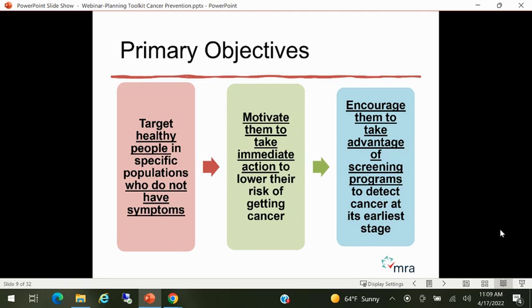They may have another chronic disease or condition that is known about, but they're managing it well. They feel good. With prevention, you want to motivate these individuals to take some sort of immediate action to lower the risk of getting a cancer. And we do this by encouraging them to take advantage of screening programs designed to detect cancer at its earliest stage.